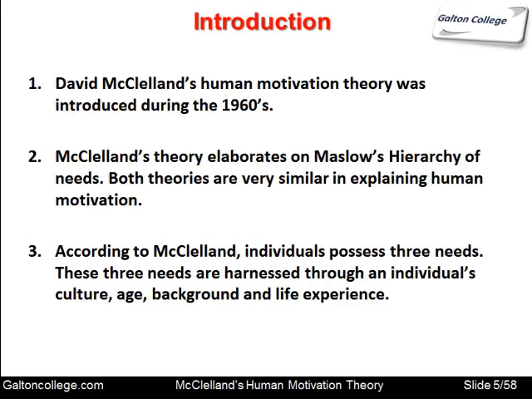So the person, according to this view, is made up from past experiences and from culture and from the environment in which the person was brought up and exists. So there are three types of need, and which one dominates is really a function of issues associated with the person's personality and background and so on.